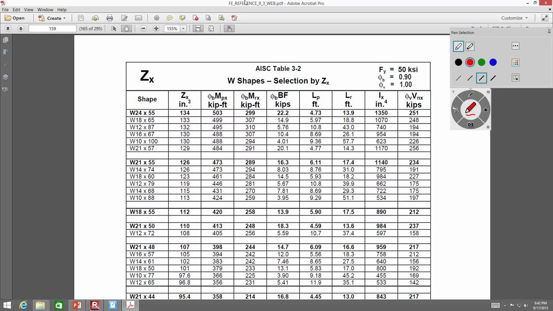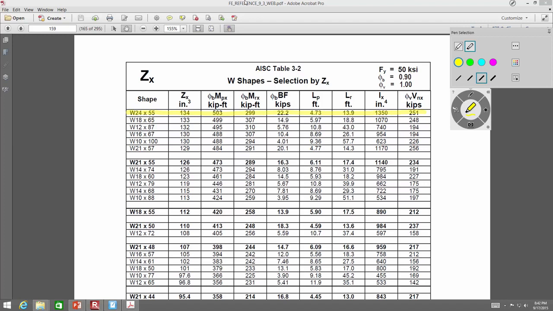This is my first time, or second time, messing with this pen technology. Oh, I bet you this does work. Hey, look at that. Y'all see that? So I'm highlighting the row associated with the W24 by 55. That's the shape we're looking at.